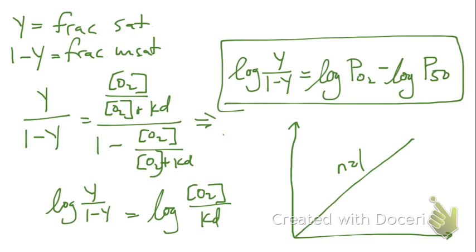And so we're going to move on to hemoglobin. If you have any questions, please let me know. I really want to make sure that we are all on the same page with how this is done.